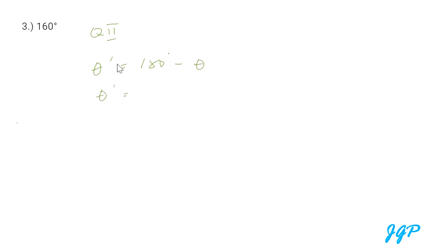So, let's substitute. 180 degrees minus the angle given, 160 degrees. Okay, 180 minus 160, that is equal to 20 degrees. Therefore, the reference angle of 160 degrees is equal to 20 degrees.